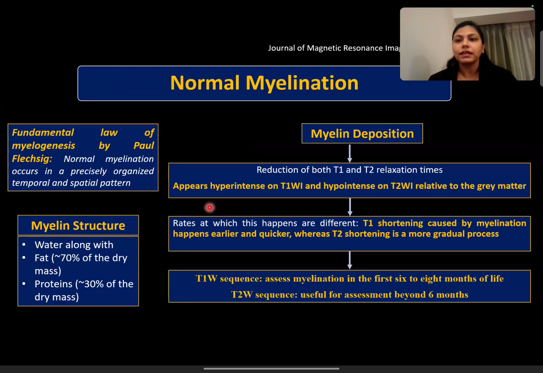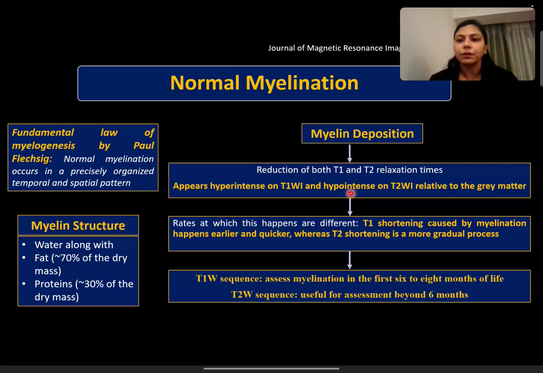So as we discussed last time, just a very brief introduction about normal myelination. Myelin is composed of water, and the dry mass of the myelin comprises 70% fat and 30% proteins. Because of the predominance of fat, whenever myelin is deposited, it leads to reduction of both T1 and T2 relaxation times. Therefore, normal myelin will appear hyperintense on T1 and hypointense on T2 relative to the gray matter.